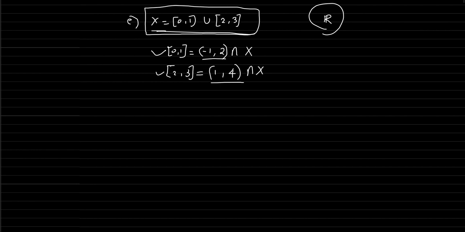Therefore X is the union of two non-empty disjoint open sets in X. Therefore X is disconnected.